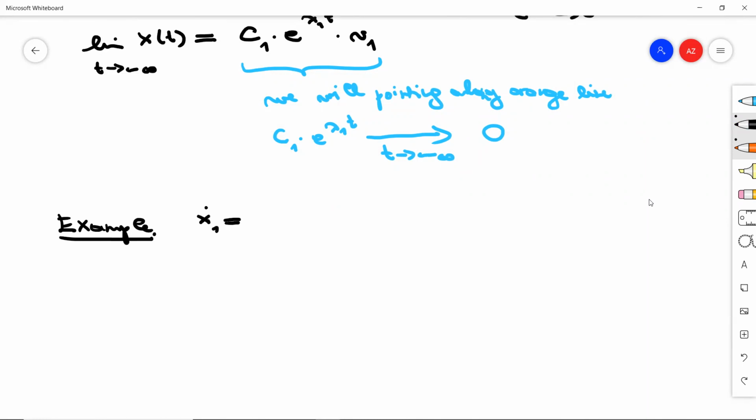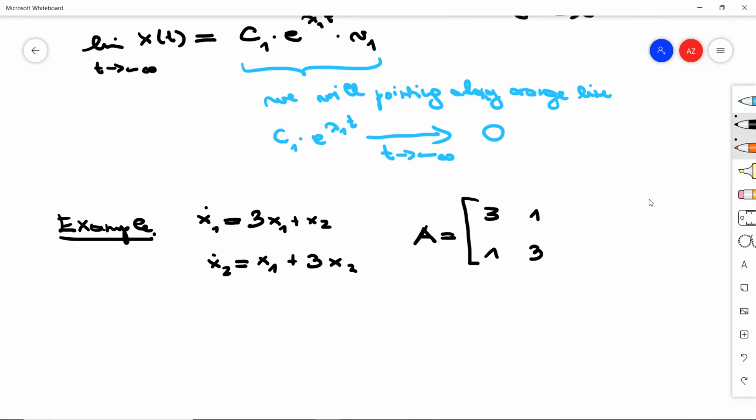X1 prime is equal to 3x1 plus x2, and x2 prime is equal to x1 plus 3x2. Our matrix A is 3, 1, 1, 3. So I put 3 and 1 in the first row, and 1 and 3 in the second row.